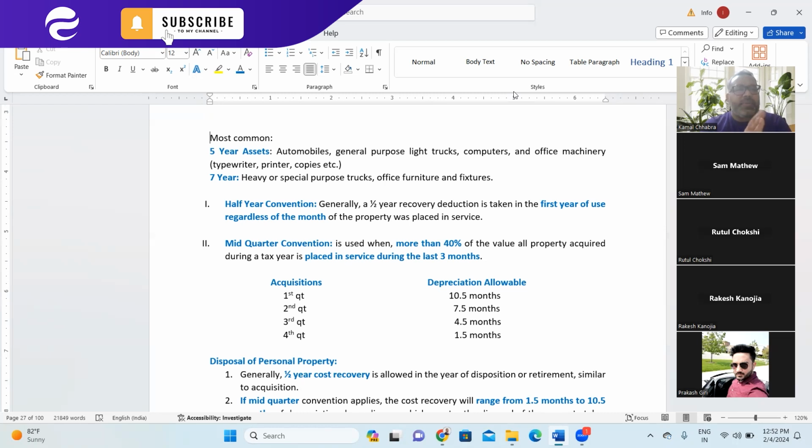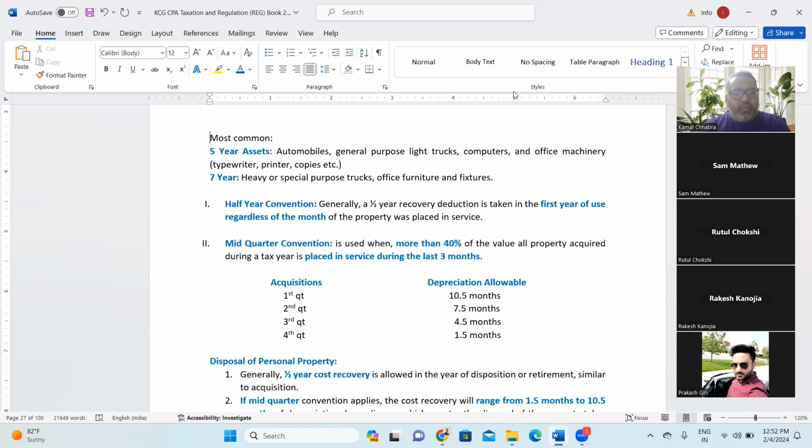If there are any assets purchased before that, for them it will be full depreciation, but for new assets purchased, it will be 1.5 months of Q2 plus the remaining 6 months. So the total depreciation for the asset which you or your client will be purchasing in Q2, you will be charging a depreciation of 7.5 months. Same way for Q3 and Q4, it will keep going down.